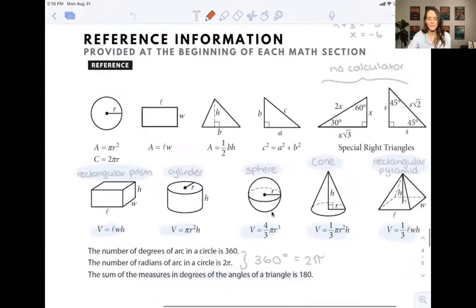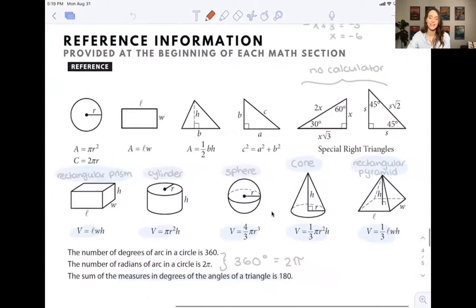We also have this information given at the beginning of every single math section. They provide this reference information, but they don't tell you what the shapes are. They don't say, hey, this is a rectangular prism, or this is a cylinder, a sphere, cone, or rectangular pyramid. So I like for students to memorize this information and become super familiar with it.